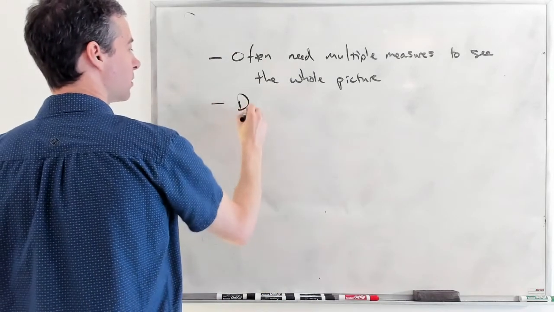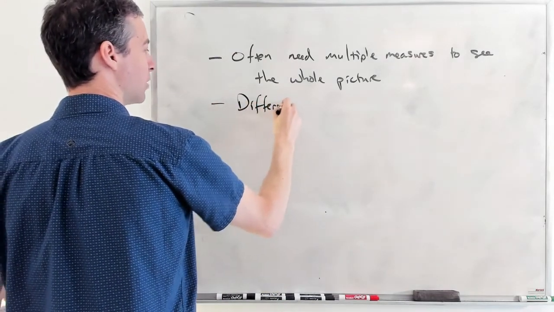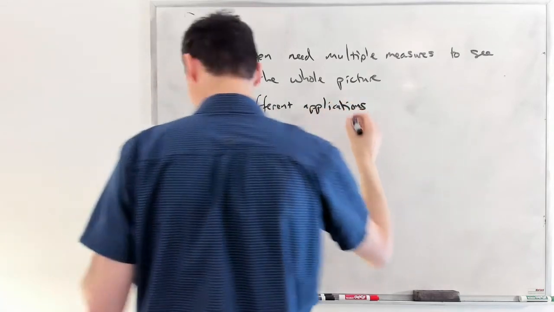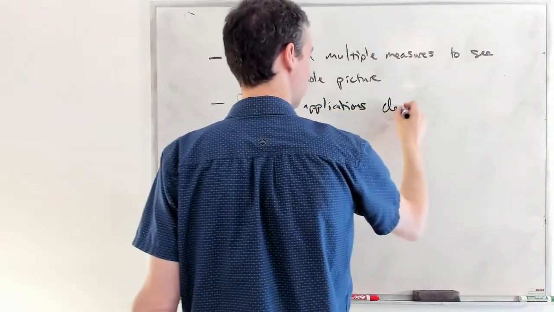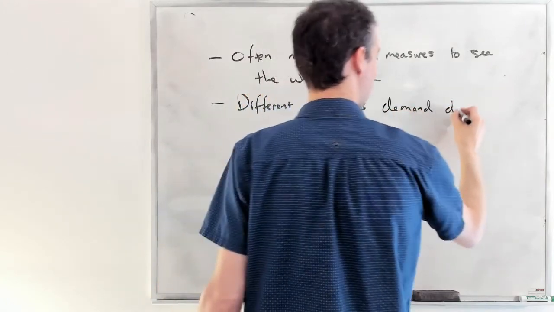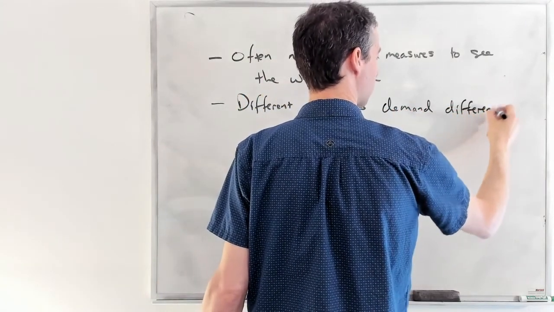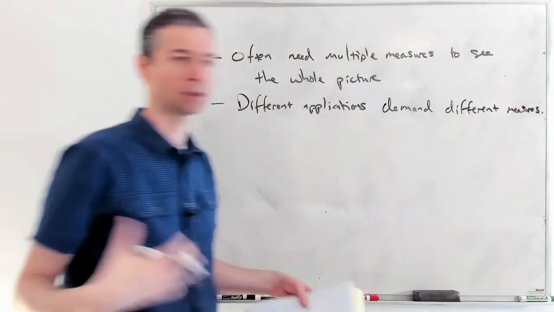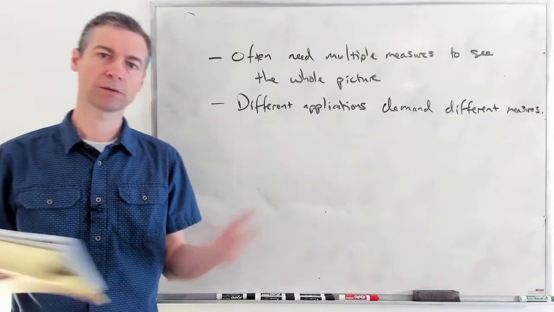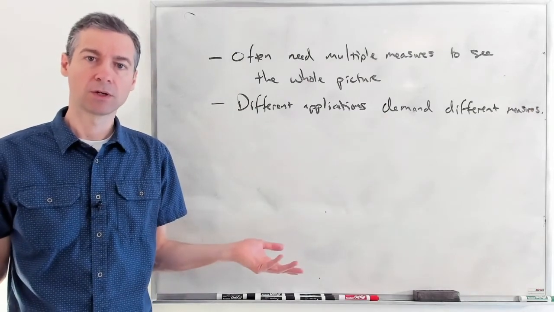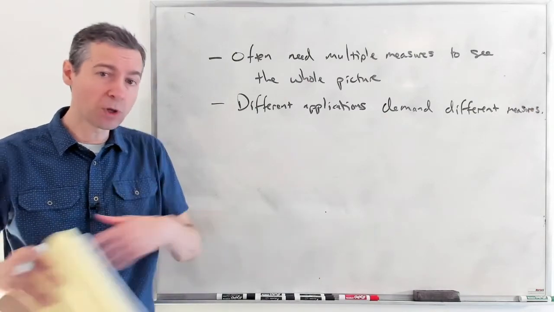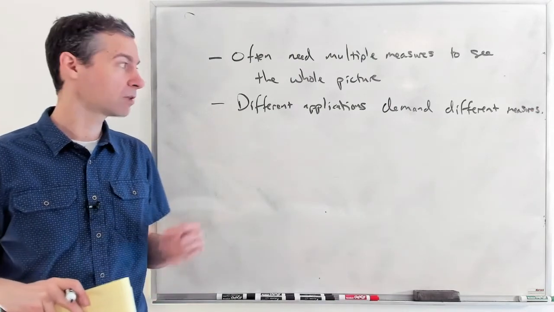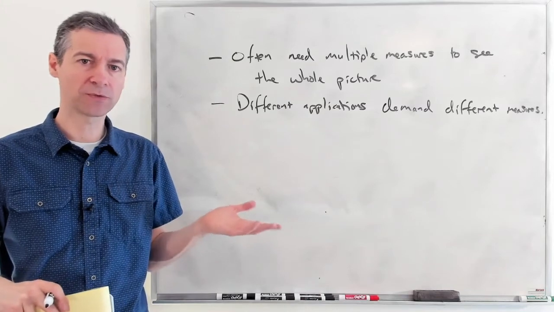The other thing is that different applications demand different measures. If you are a lawyer working on a case, recall is really important to you. You want to find all the case law that exists. You can't just get by with finding a few examples.